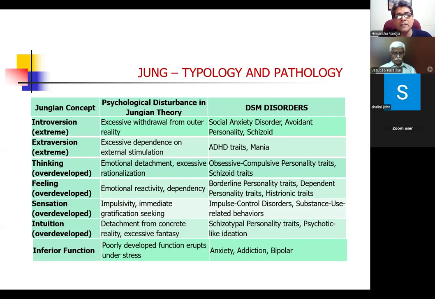If we talk about sadness driven MDD, then yes, within the table we can explain it, a feeling overdeveloped thing. But if we talk about guilt induced MDD, then it's very difficult within this table to do something.